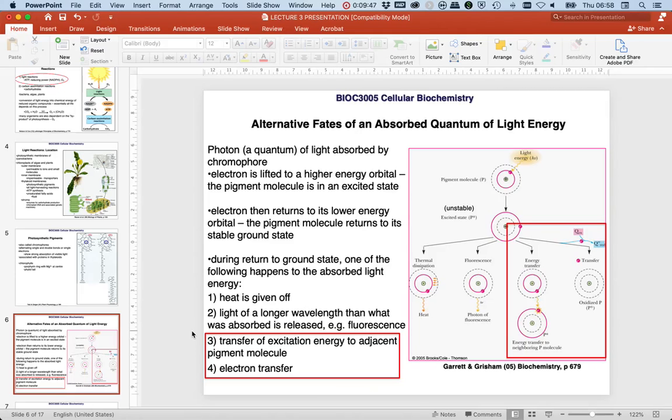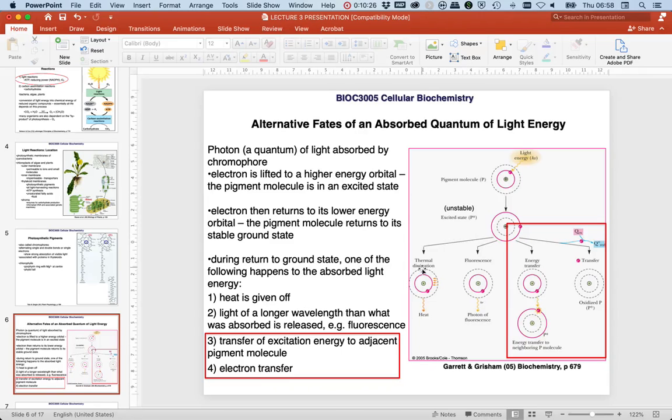So the electron goes to a higher energy orbital, the chromophore is excited, and that's what's shown in the top part of the diagram on the right-hand side of the slide. When that electron has moved to a higher energy orbital, the pigment molecule is said to be unstable. The electron will return to its lower energy orbital, meaning that the pigment molecule will return to its stable ground state.